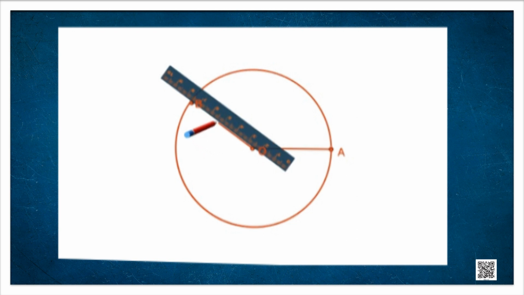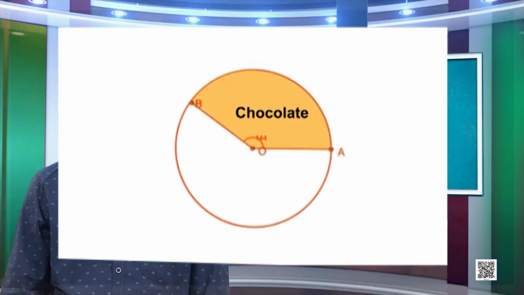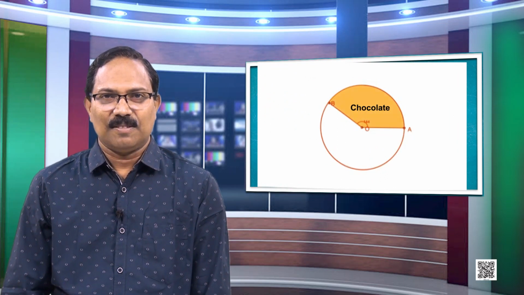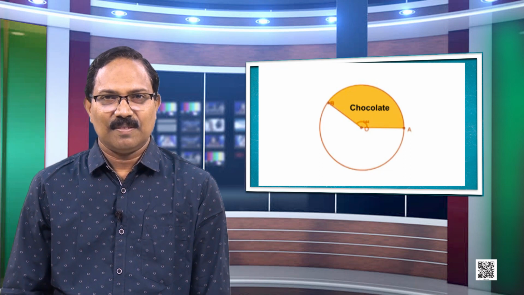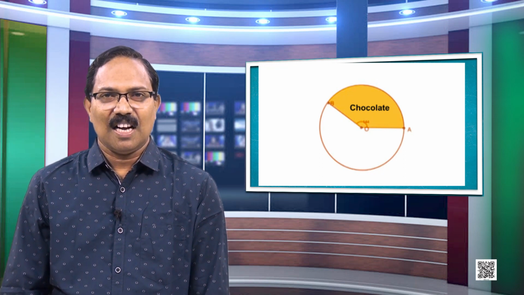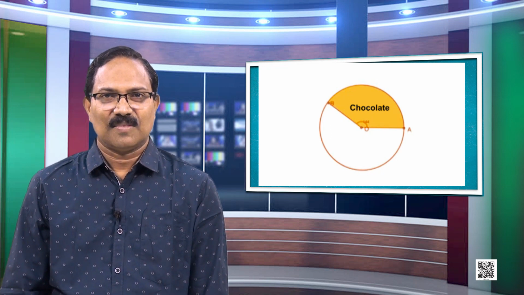Join that point with the origin O. So, this part represents the sector of chocolate in the circle. Similarly, you need to represent the other sectors also.